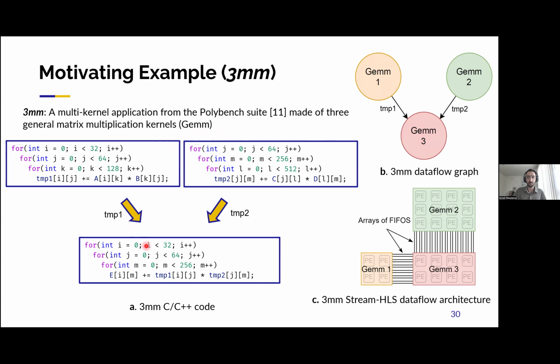So this is the core code of this algorithm. We will have the first two matrix multiplications send the data to the third one. And this is the architecture that we will generate with Stream-HLS that will let these three operations communicate with FIFOs.